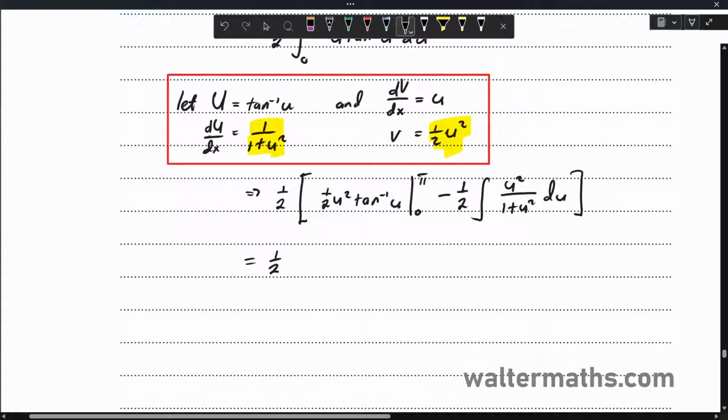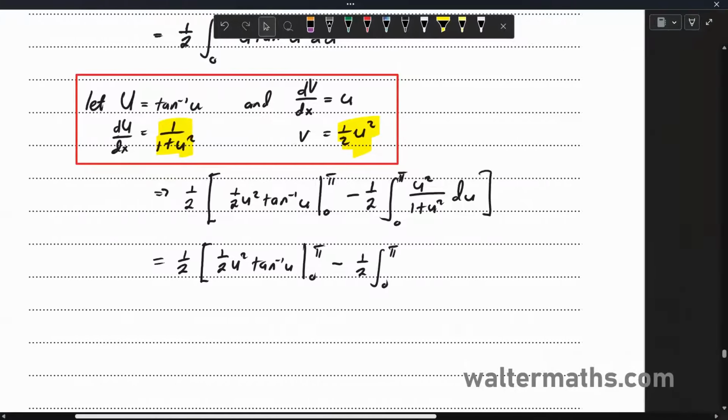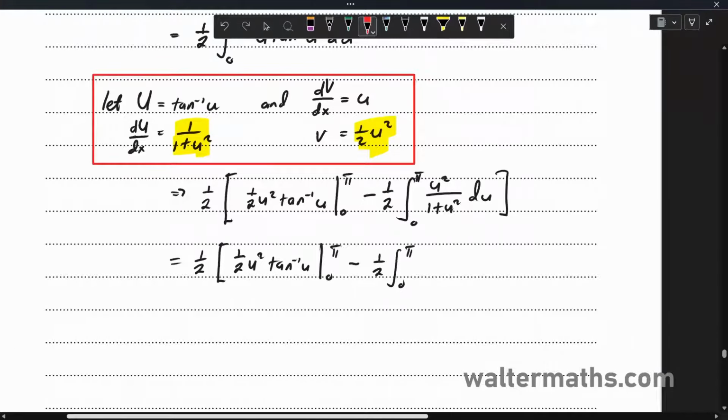That's half of, I'm not simplifying this part yet, u squared arctan u, limit 0 to pi, minus a half of the integral from 0 to pi. We need the limits of the integral from 0 to pi. If you look at u squared over 1 plus u squared, we can express it in such a way that, because we know it's an improper fraction, u squared over 1 plus u squared should be equal to u squared over u squared, that's 1, plus a constant over 1 plus u squared.